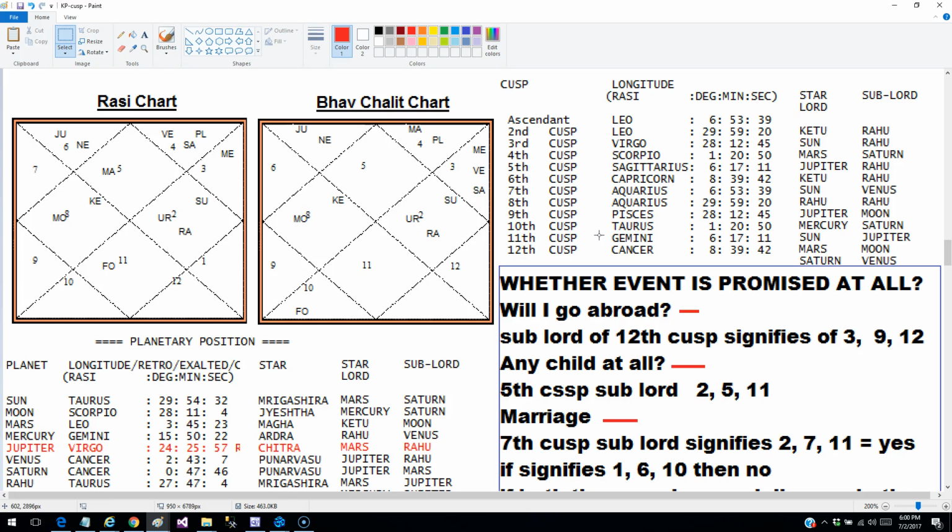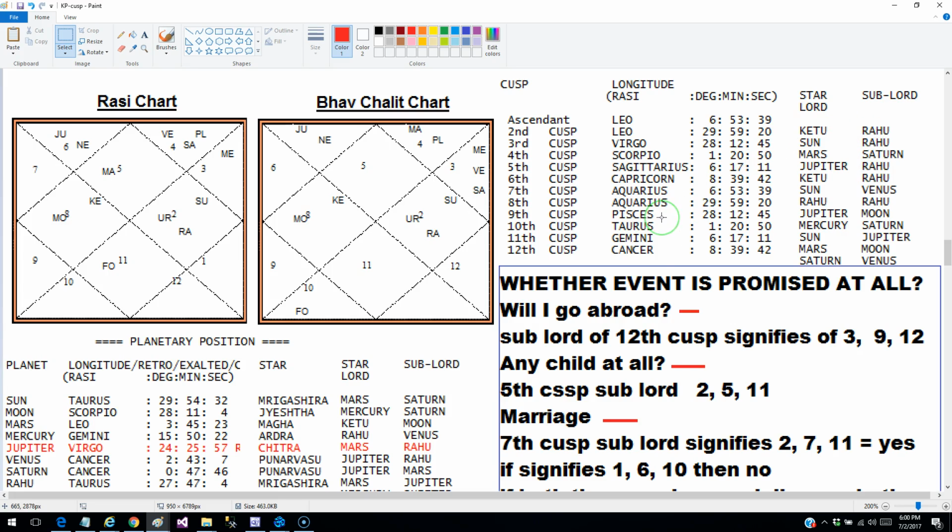And the whole process of the birth of a child, from the appearance of the head to the cutting of the umbilical cord, and then the child taking its first breath, might take 5 minutes, 10 minutes. So sometimes the time of birth is not very precise, or I would say most of the time it is not. In that case, these sublords might change, and when the sublord changes, the whole game changes.